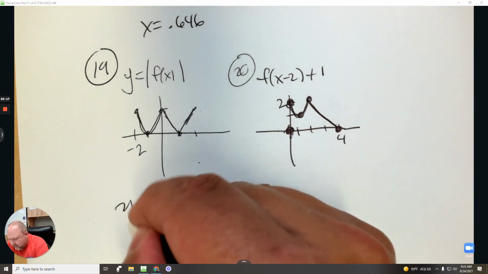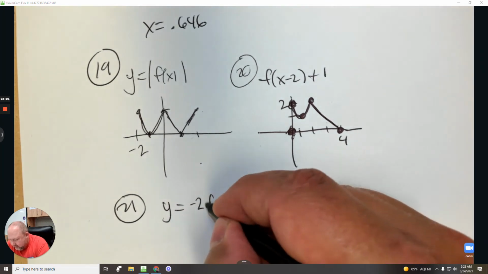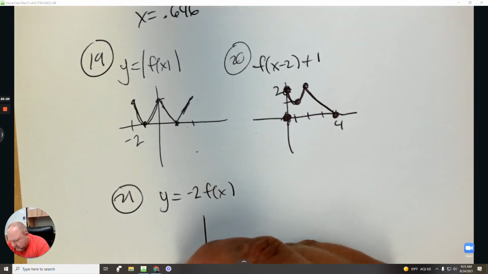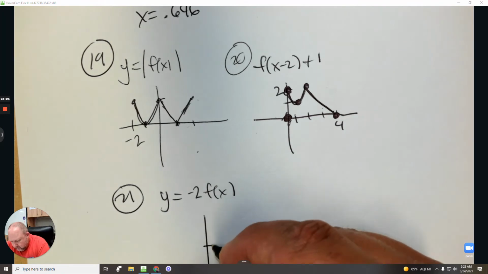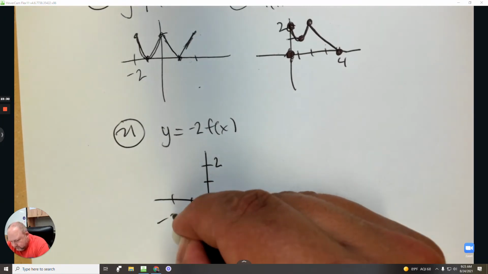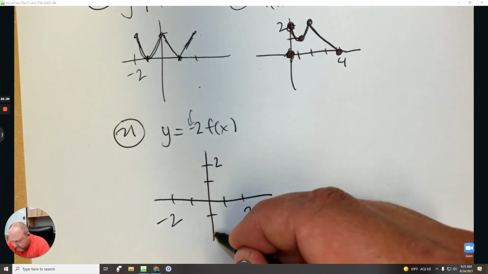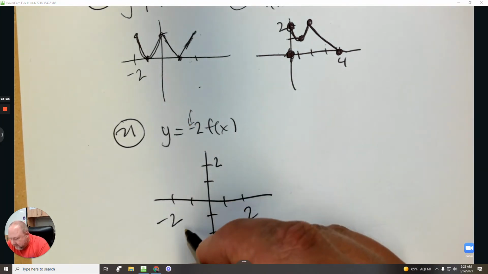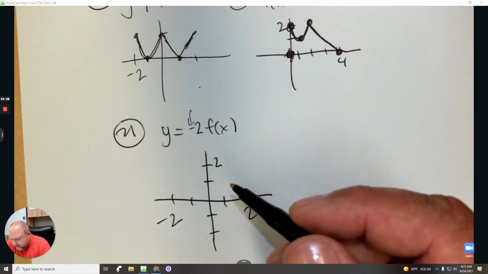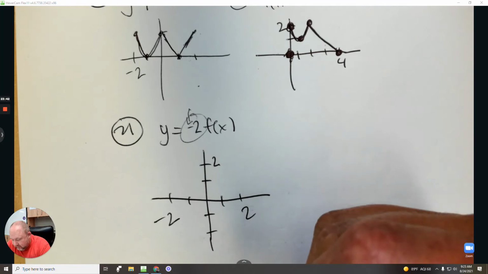21. One more like this. What does the negative and the 2 do? So the negative is a reflection. And then it goes times 2. So you reflect and then a vertical stretch.